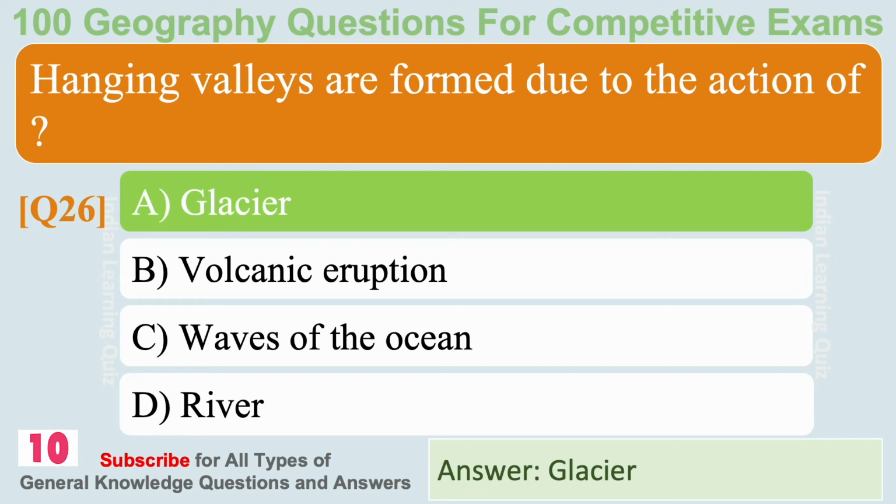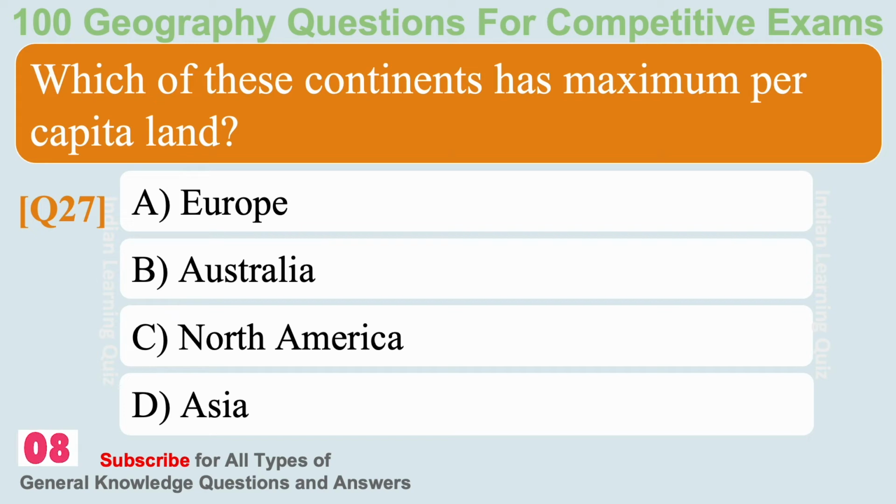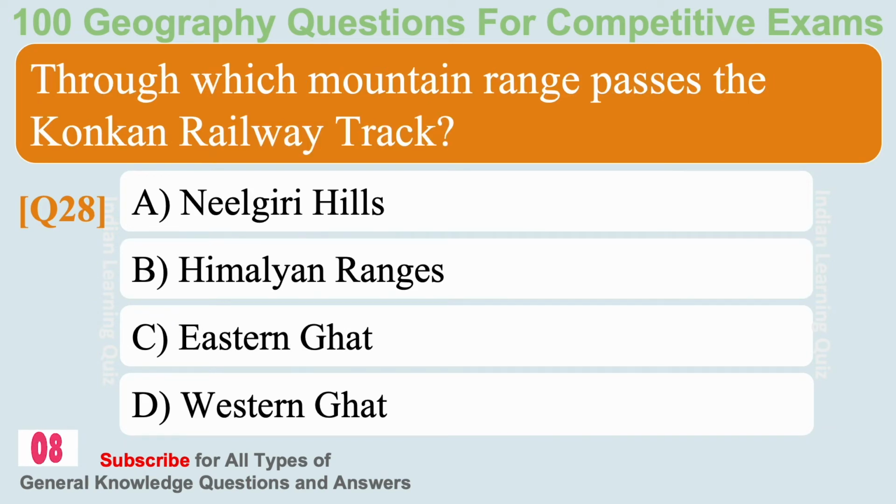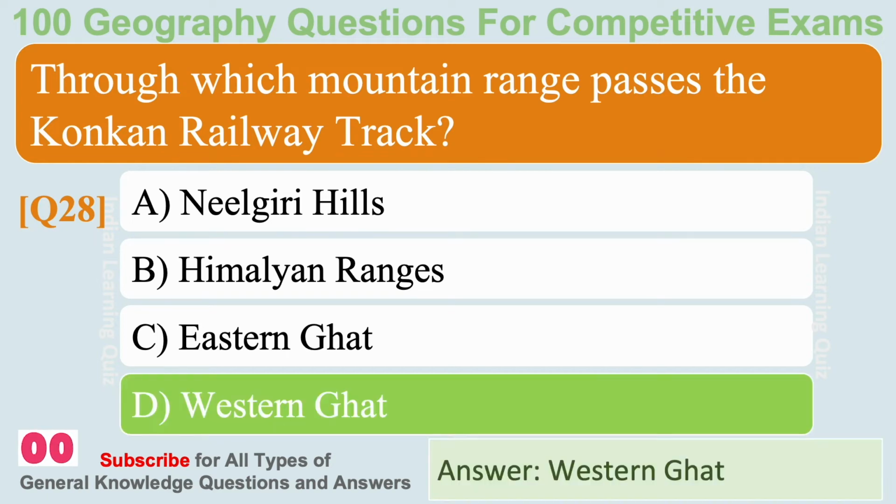Glacier. Which of these continents has maximum per capita land? Answer. Australia. Through which mountain range passes the Konkan Railway Track? Answer. Western Ghats.